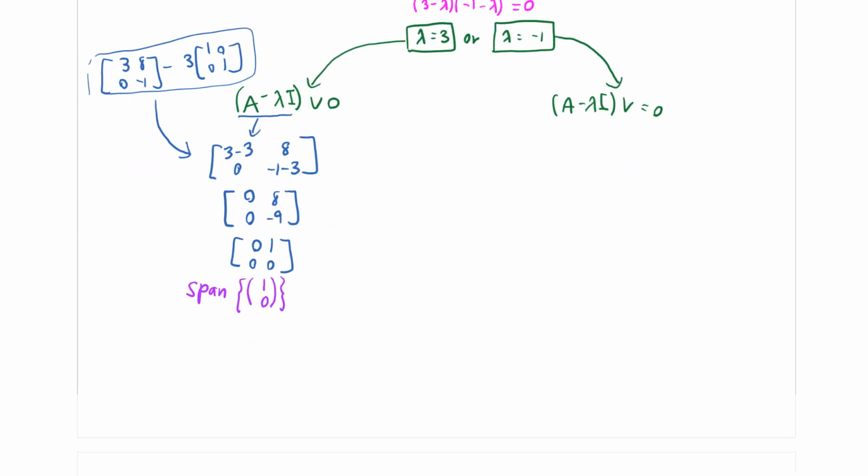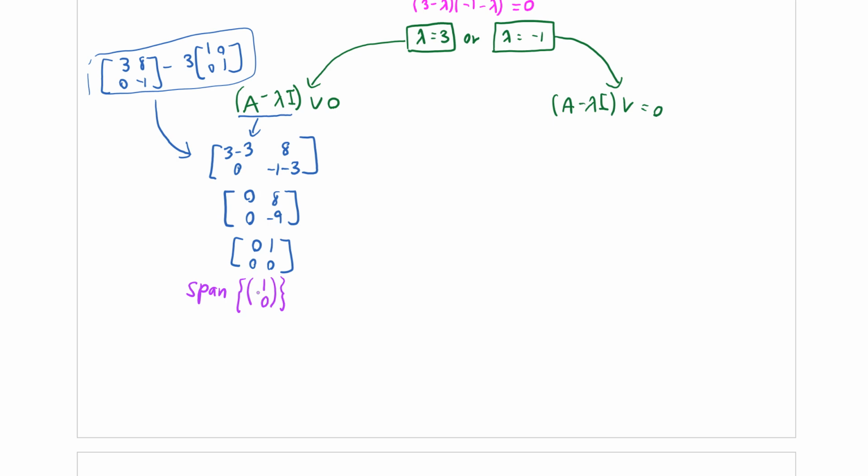So that means I have found my first eigenvalue, lambda equal to 3, and the eigenvector corresponding to 3 would be just anything in the span of 1, 0.